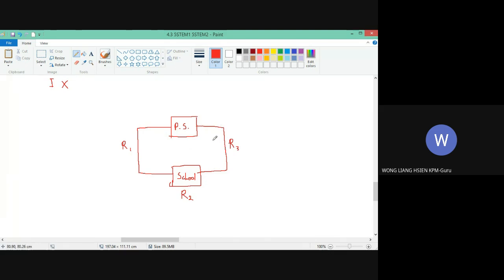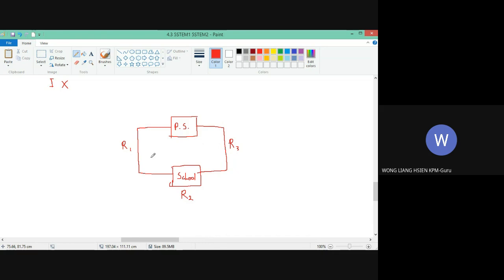Last time when we learned about electric circuits, we said that the connecting wire has no resistance. But in this case, we cannot say that the wire has no resistance. Why?